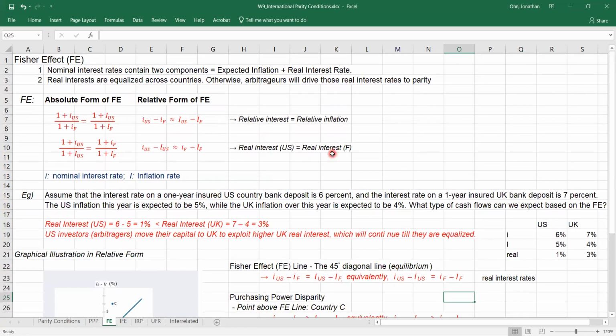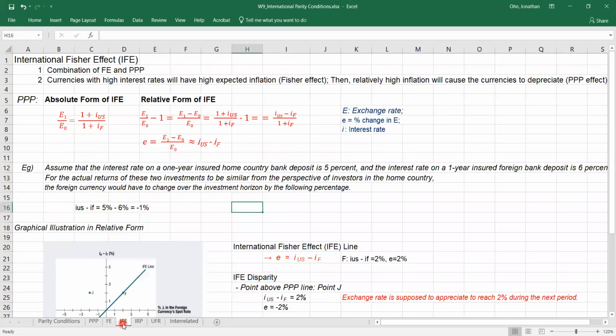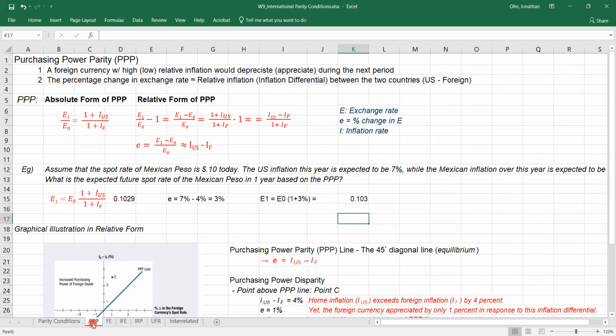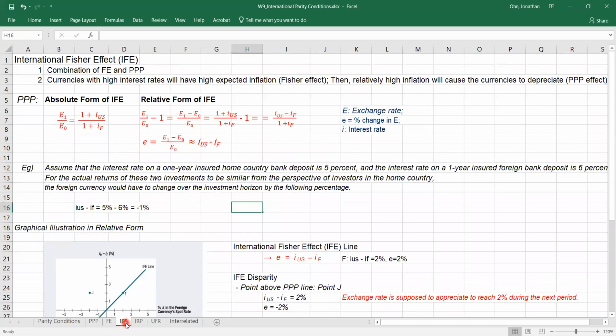The Fisher effect is not included in the textbook, but in my view, it should be included there to explain the whole purchasing power parity. More importantly, the international Fisher effect can be derived through purchasing power parity and the Fisher effect.